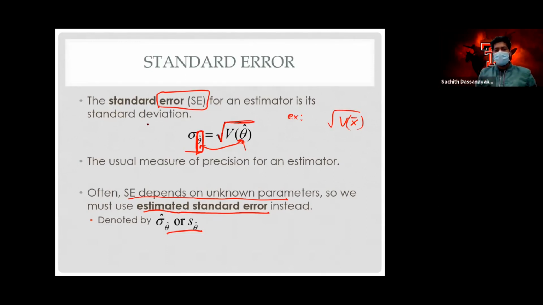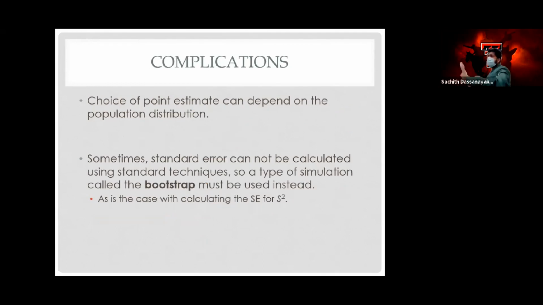Here it is sigma theta hat, and here it is sigma theta hat hat. It is again estimated, not the standard error but an estimated one. Clear? Just keep that in your mind, but you don't need to worry about that. You don't need to solve those kinds of things.